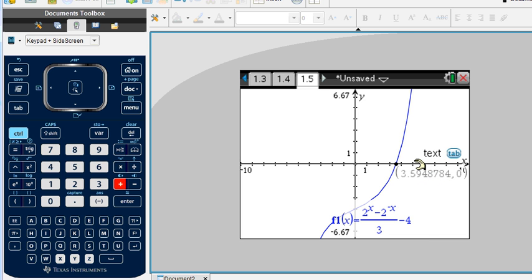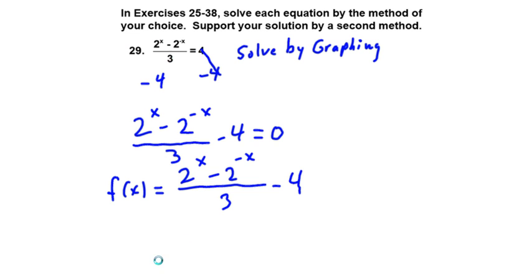So instead of 3.59, we have 3.5948784. I'm going to write this down: x equals 3.5948784. And we'll see how that works out.